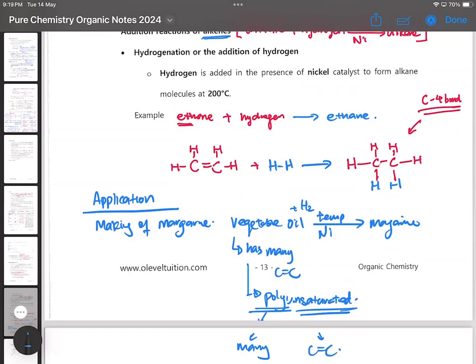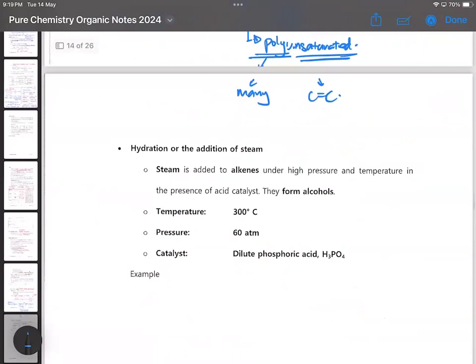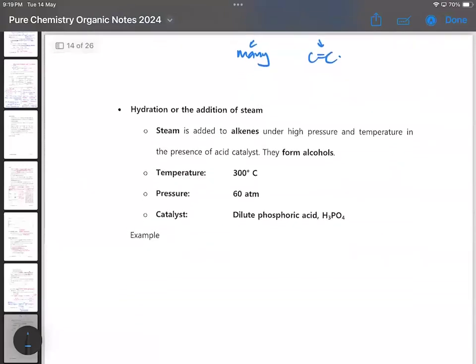Okay, if no question for this, let's look at the second thing that it adds. Alkenes can also add steam. These are the conditions: 300 degrees, 60 atm, H3PO4 catalyst.